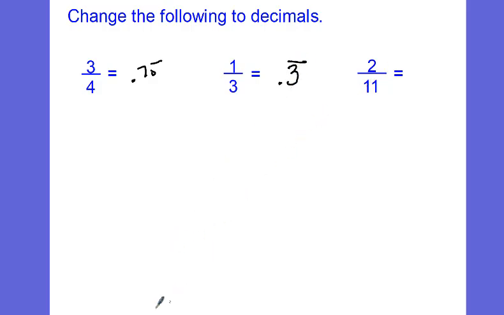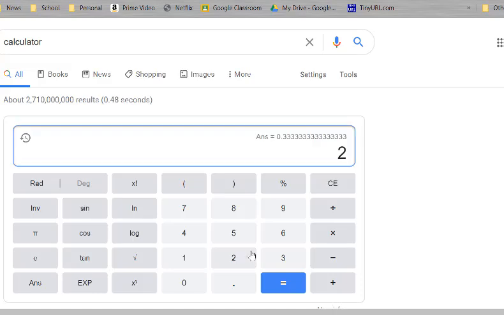Now, if we do 2/11, 2 divided by 11, this one is going to give us an interesting answer. This one is also a repeating decimal, but it gives us two digits that repeat: 0.1818181818. This last digit here, typically this is a calculator that does not have rounding error.